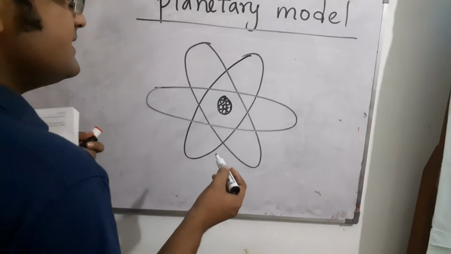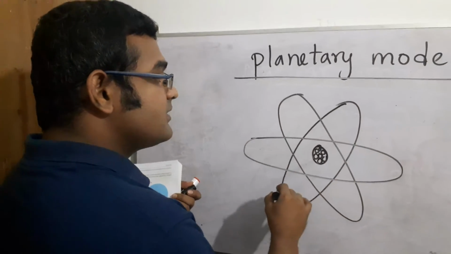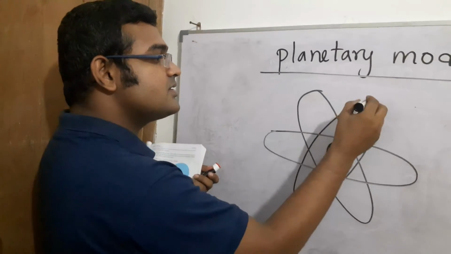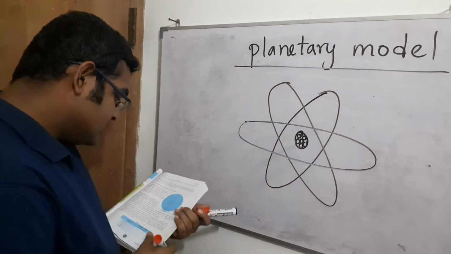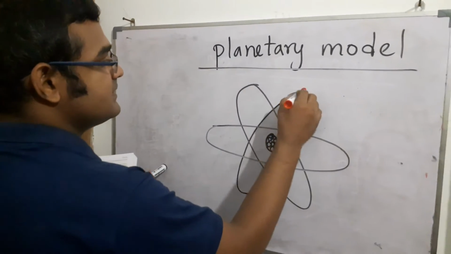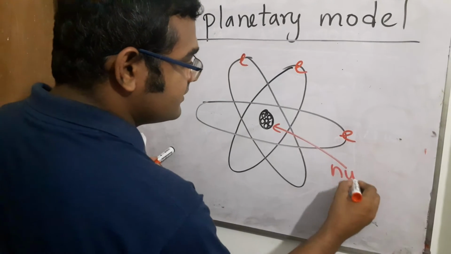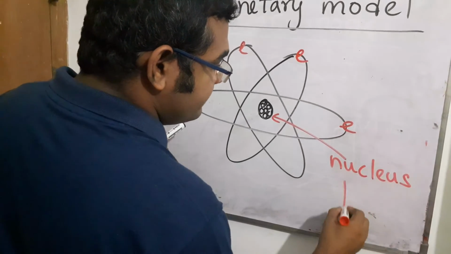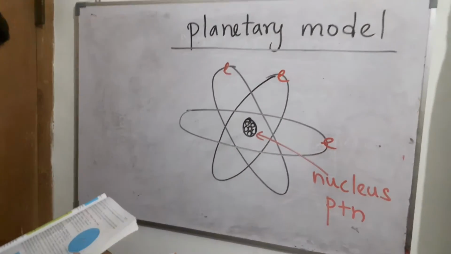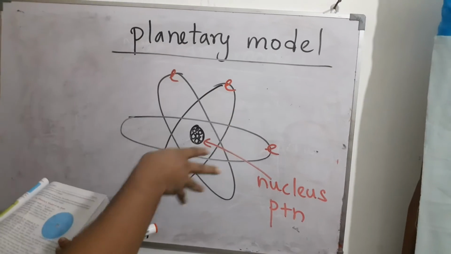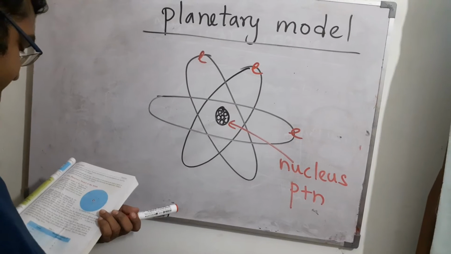Just like in the solar system, the planets revolve around the sun, the electrons are revolving around the nucleus on definite pathways. So this is the nucleus with protons and neutrons, and electrons are revolving around in different pathways.